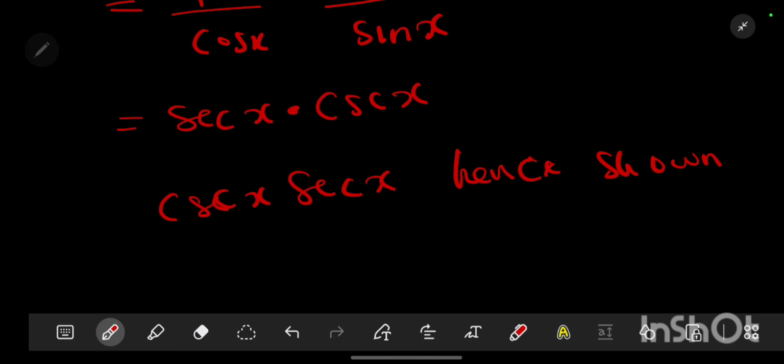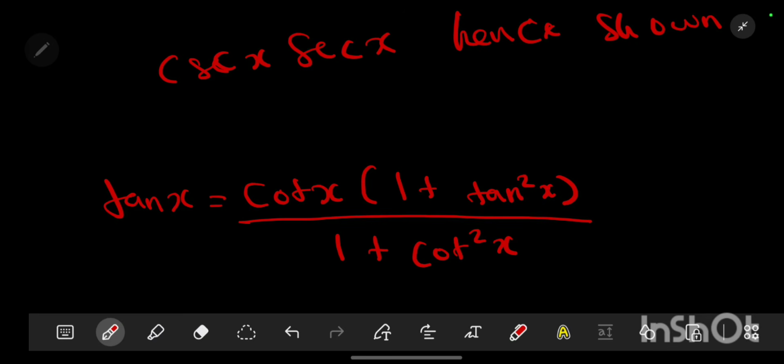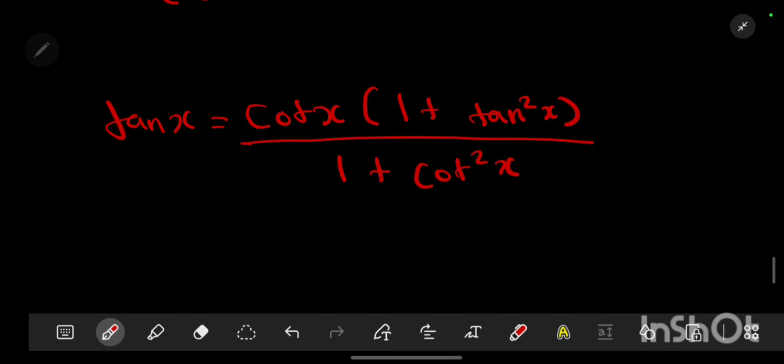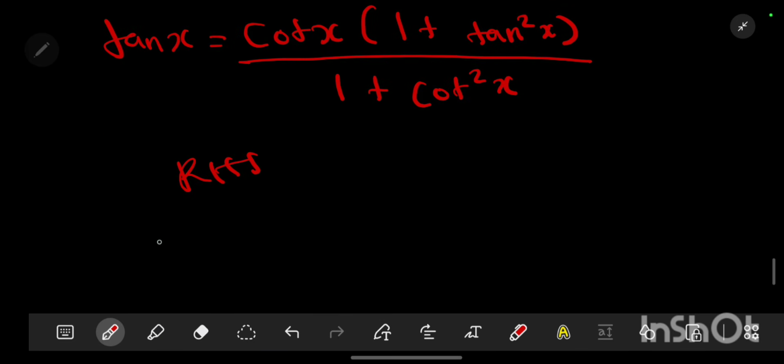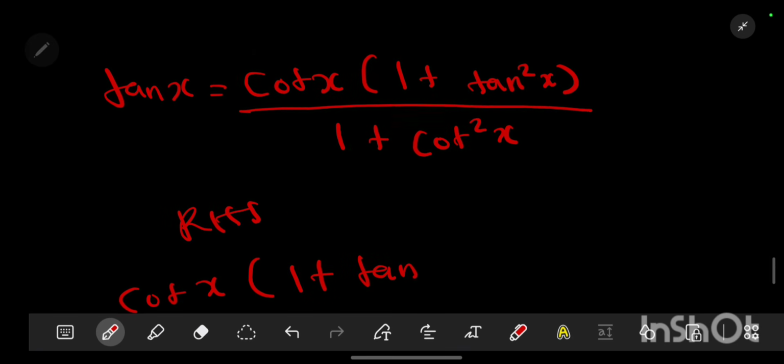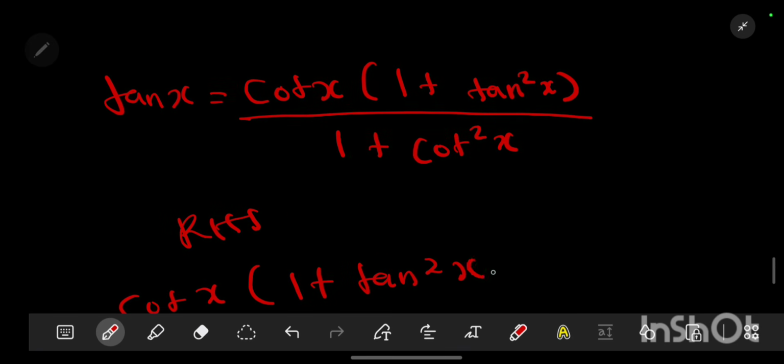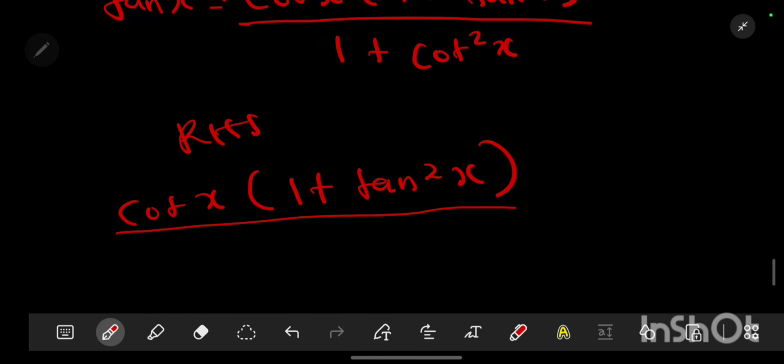Let's look at our next question. For this one, we are going to look at the right hand side, as it's more complex. The right hand side is cot of x, open brackets, 1 plus the tan squared x, over 1 plus the cos squared x.